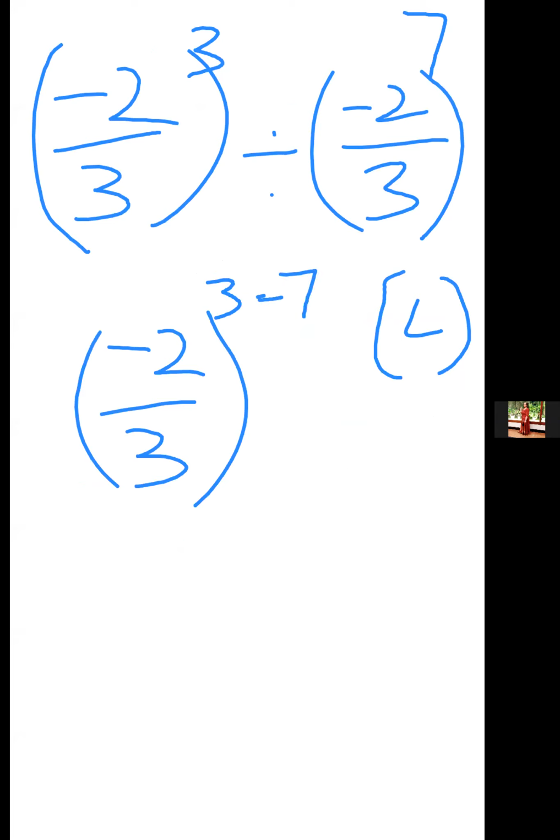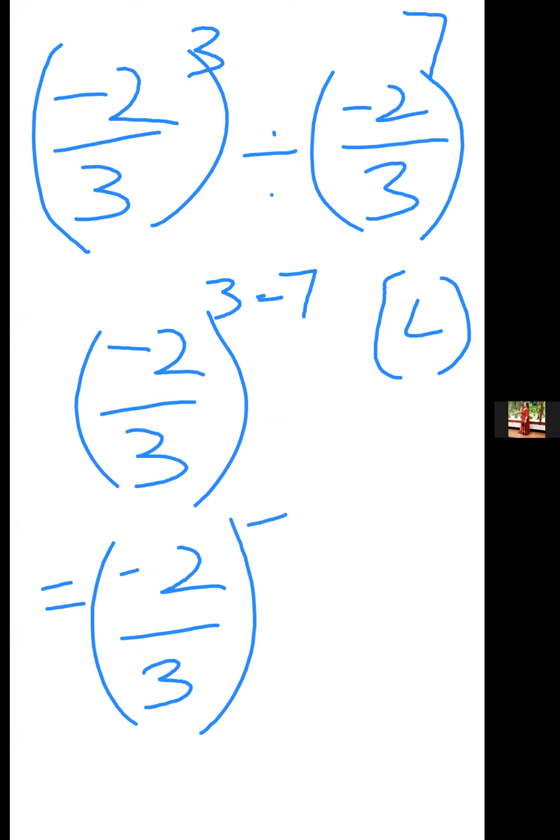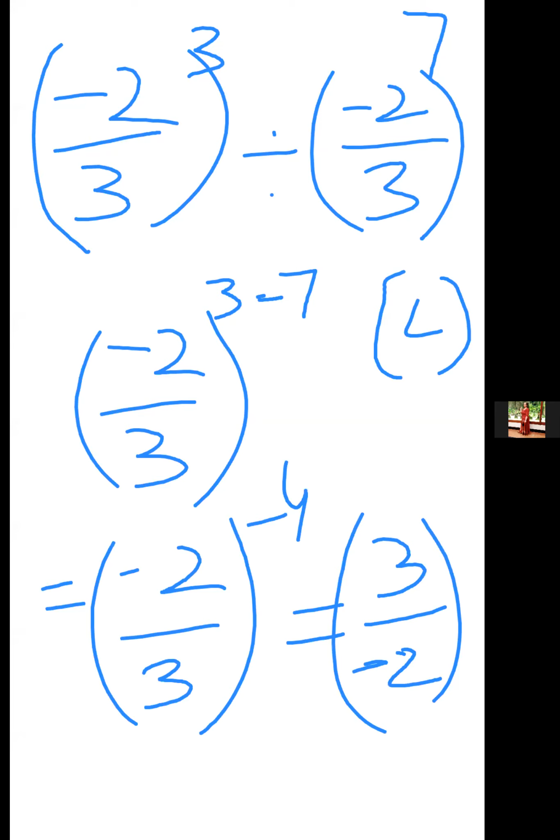So what will be the answer? Minus 4. 2 upon 3 raised to power minus 4. Now change it, because your power is negative. So what you have to do? Reciprocal. Yes, 3 upon minus 2 raised to power 4.